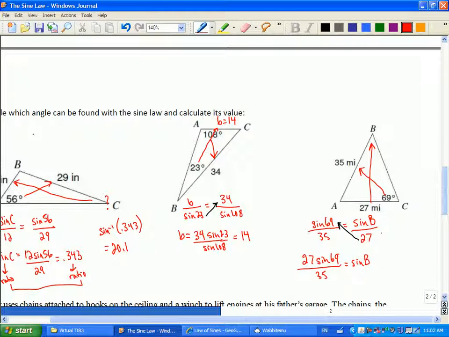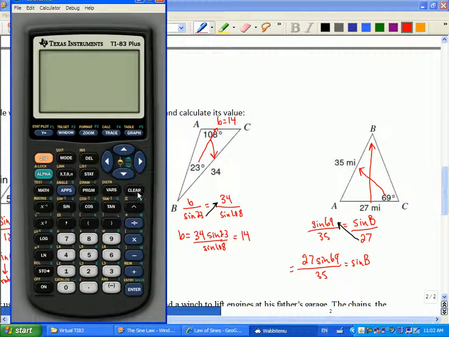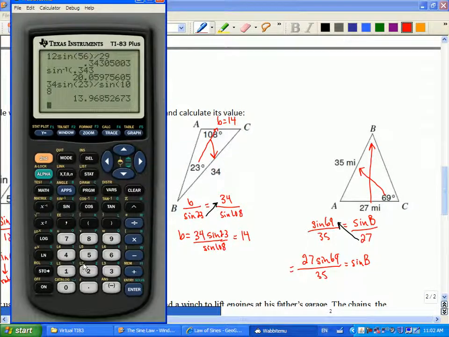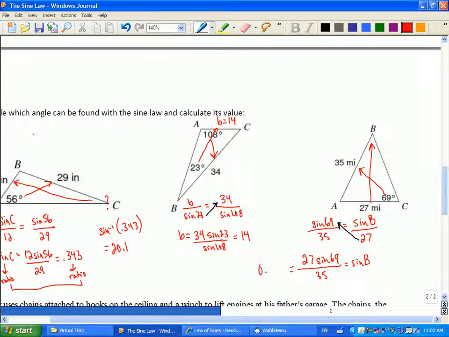Now remember, that is the ratio. It is not the angle. So once we get this number, we have to put it in the calculator with the sine minus 1, the inverse sine. So I have 27 sine 69 divided by 35. So 0.7202. So I use this to then give me the angle.